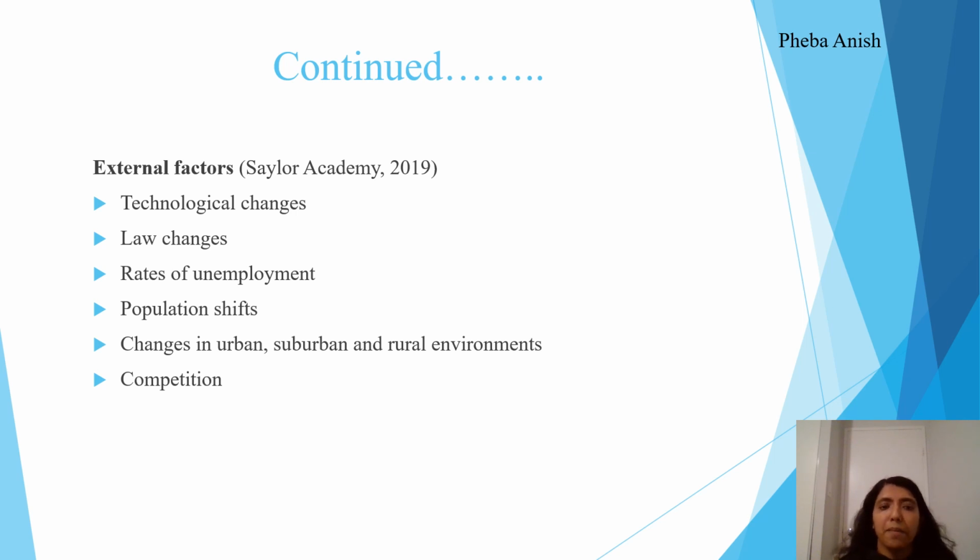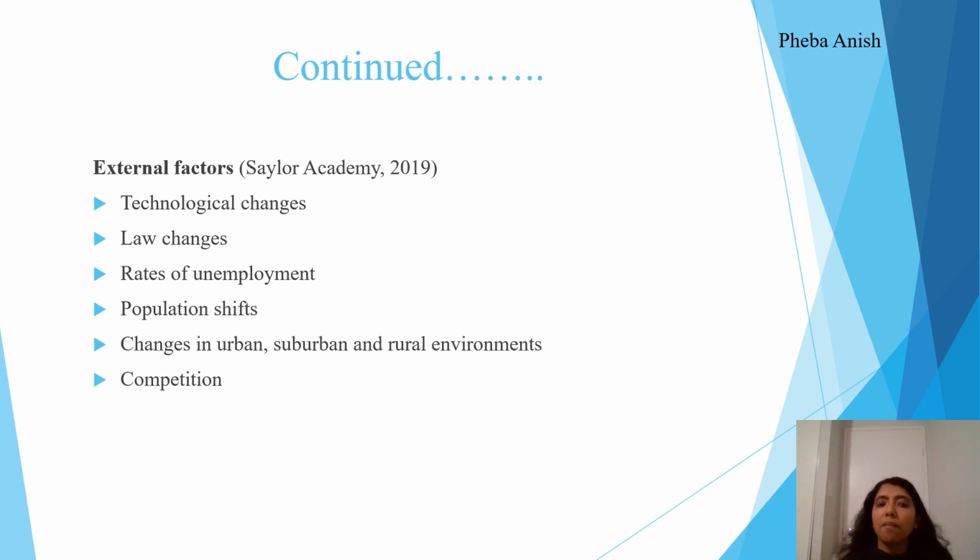Next thing is population shifts, which means sometimes the older population is admitted to hospitals more compared to the younger generation. So the nurses they have to hire depend upon the department. They have to hire geriatric nurses, gerontology nurses. If pediatric cases are high, then they have to hire pediatric nurses and so on.